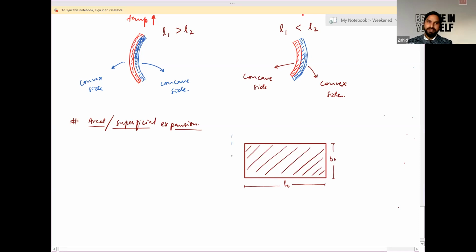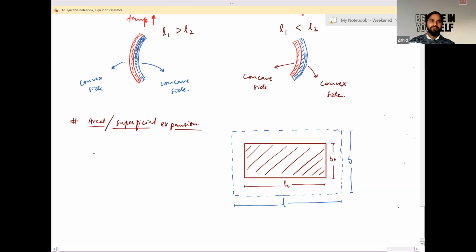If you increase the temperature of this body, there will be deformation in its shape towards all directions. So the length of this rectangular segment will become L. Similarly, breadth will be B.